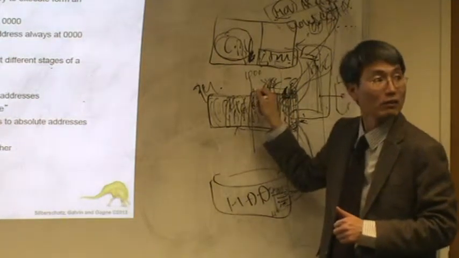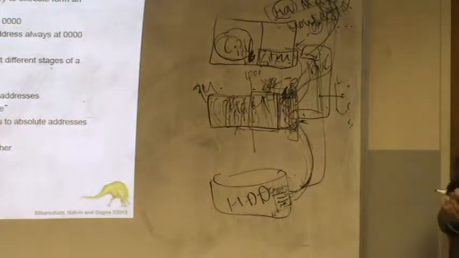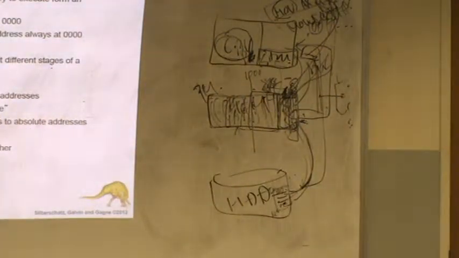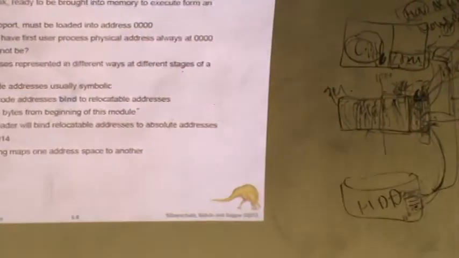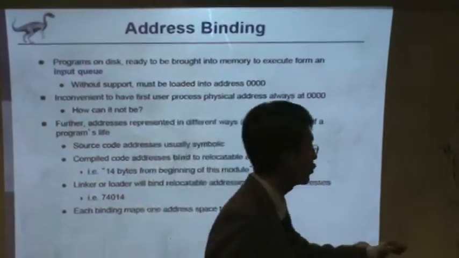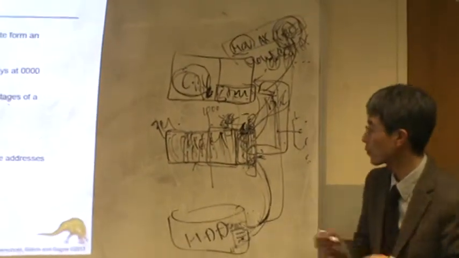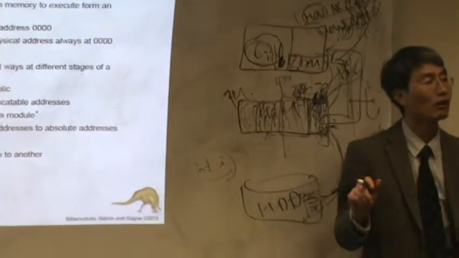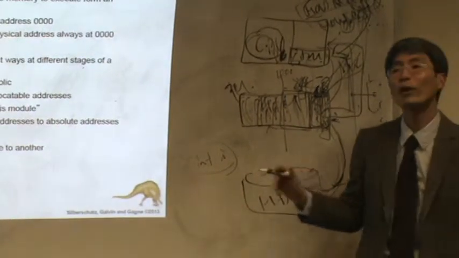However, if it is allocated at 1000 as a base, it will be different. So there is a process to bind such an address, called address binding. When you compile the program, for example the source code has integer I, integer I is a symbolic address.